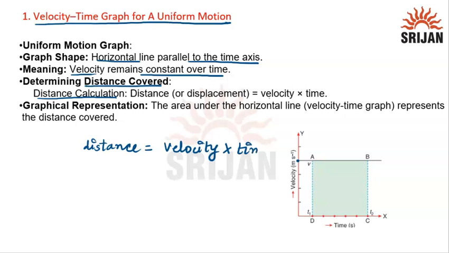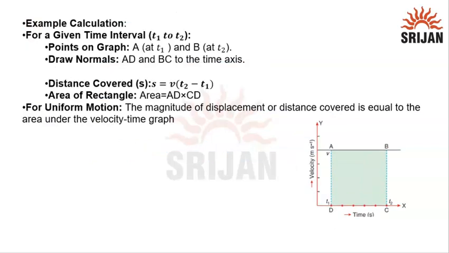This is how we calculate the area under the graph, which gives the distance, but the graph should be of velocity against time. The time is the length of this rectangle, the velocity is the breadth, and the area is the distance covered. So the area under the horizontal line of the velocity time graph represents the distance covered.